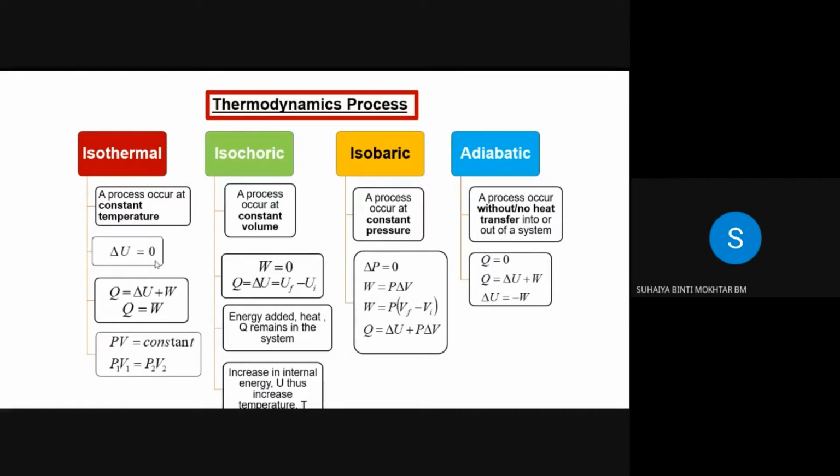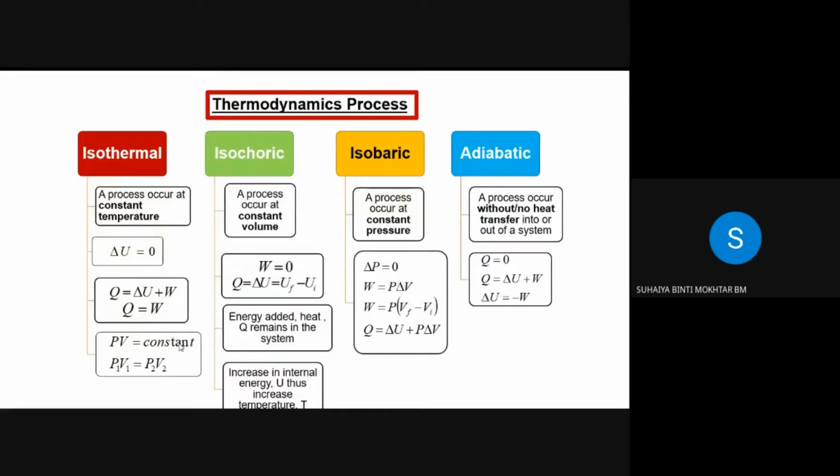So delta U also equals 0 for isothermal. That means Q equals W, the work done. And for isothermal, PV is constant, so you can use P1 V1 equals P2 V2.